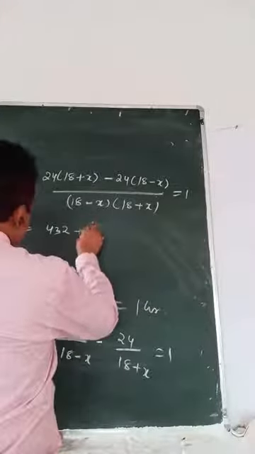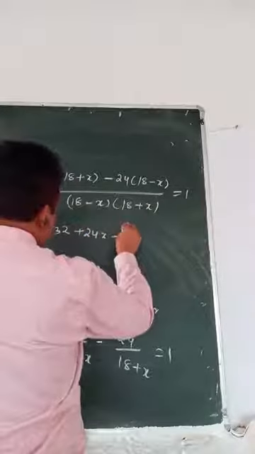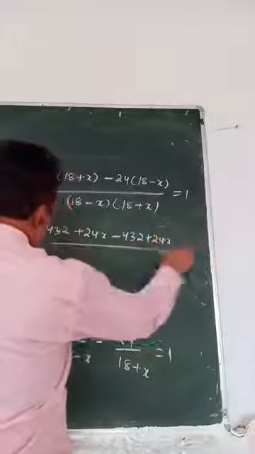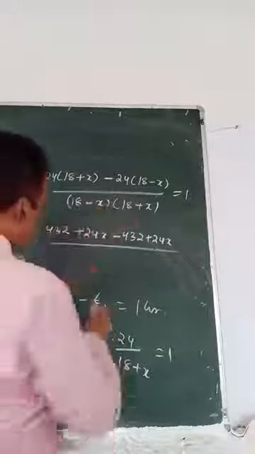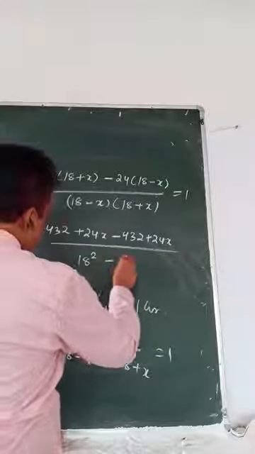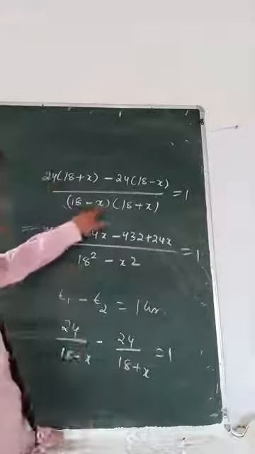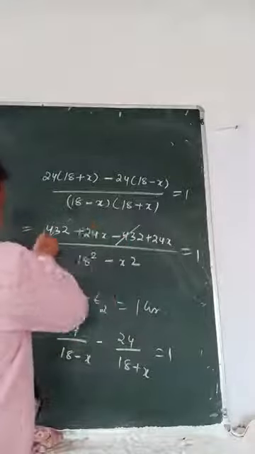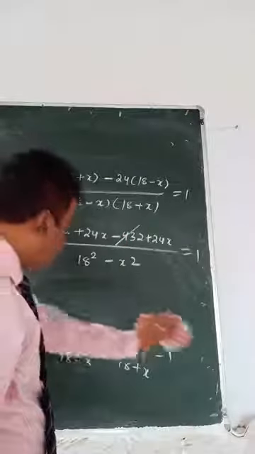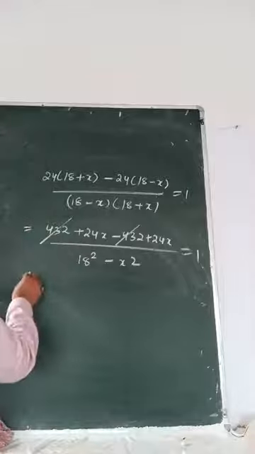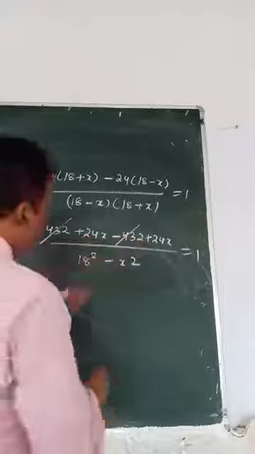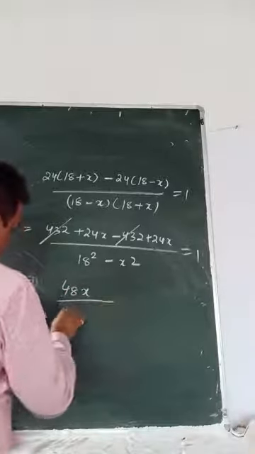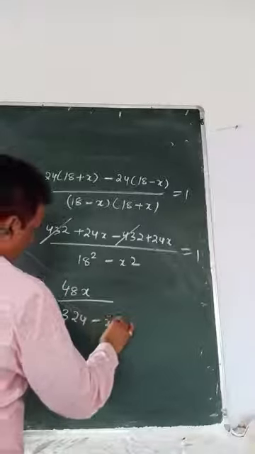Then plus 24x minus 432 plus 24x divided by, this is a minus b, a plus b, so 18 square minus x square. So here the 432 is cancelled. So what did you get now? You are getting 24x plus 24x is 48x by 324 minus x square equals to 1.